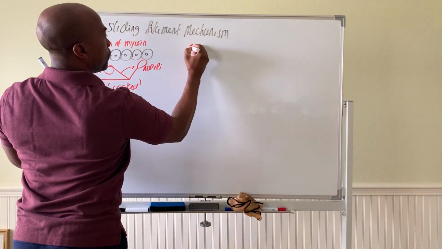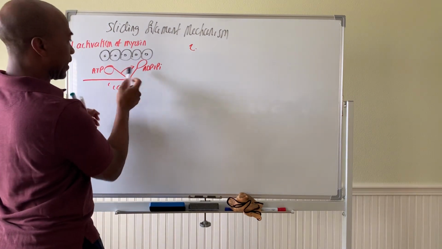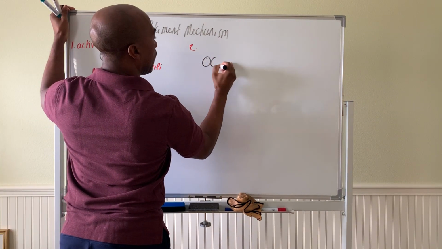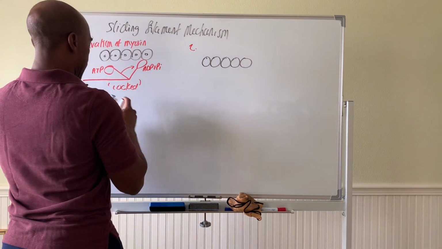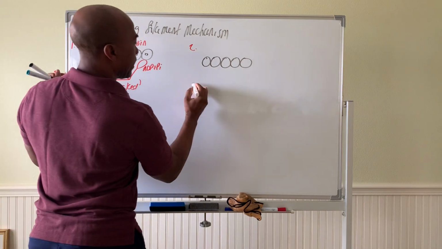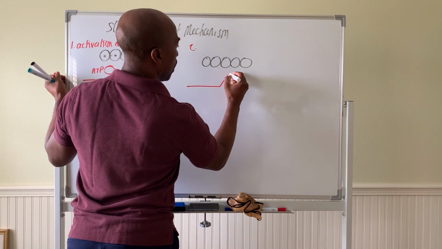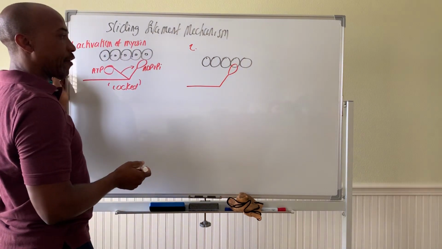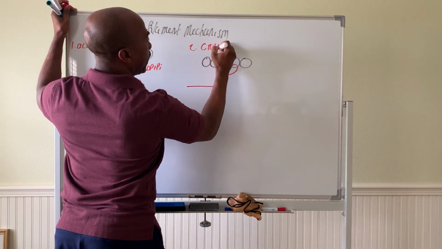Then step 2 here. So once the head is activated like this, it will now grab actin. So now the head that's cocked will bind to an actin molecule in the area. Okay, so here, this is called cross-bridge formation.